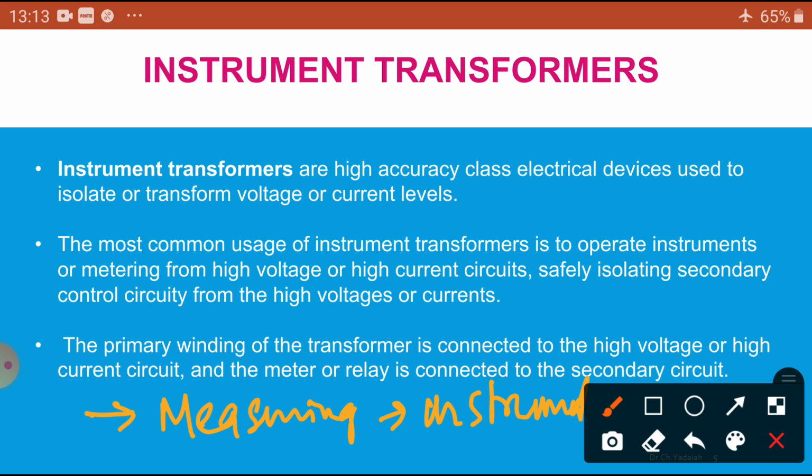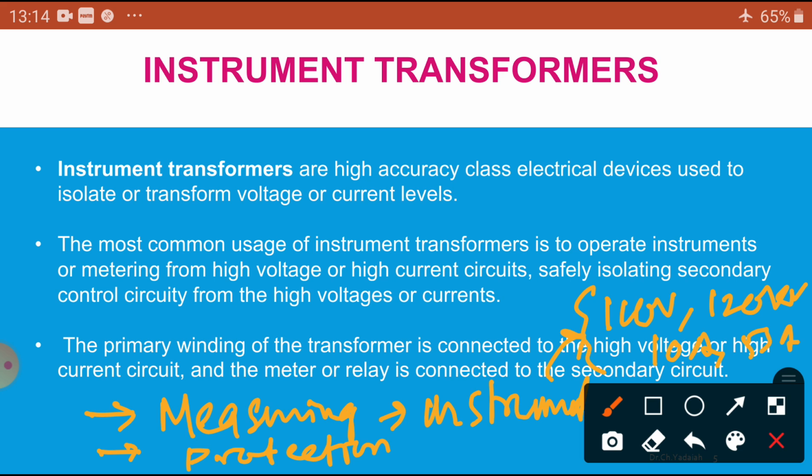It is connected to the instruments which will indicate the voltage, so that is 110 volts or 120 kV it will give. And at the same time, 10 amperes or 53 amperes, it will give the instrument values. And at the same time, it will be used for protection purpose also.